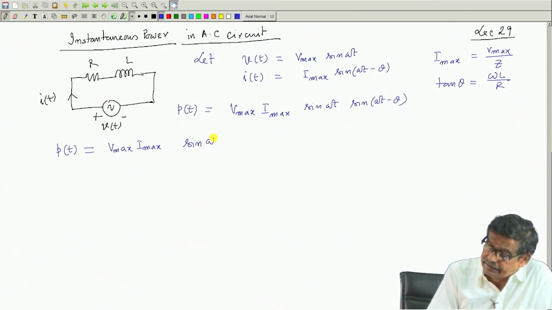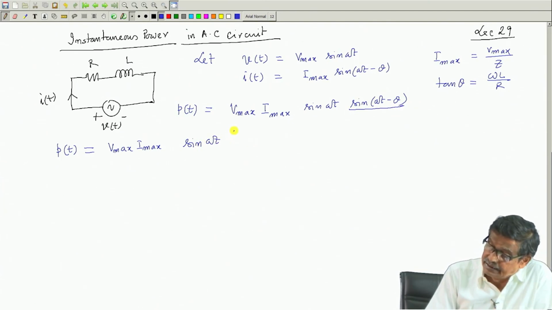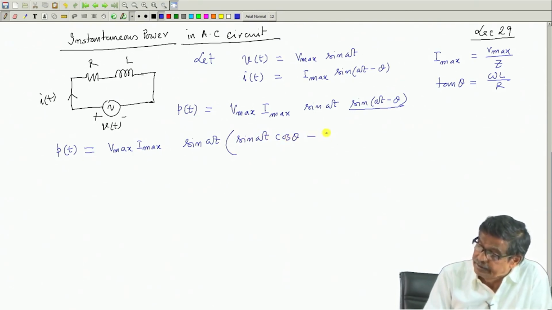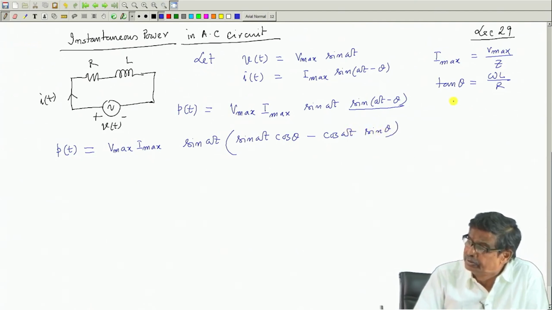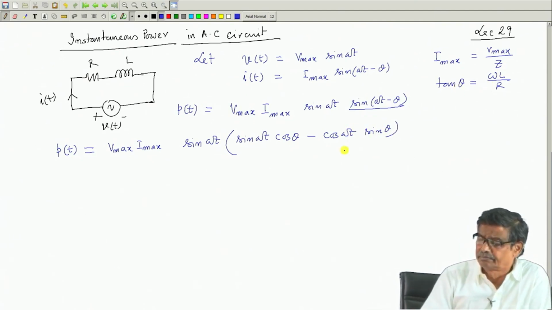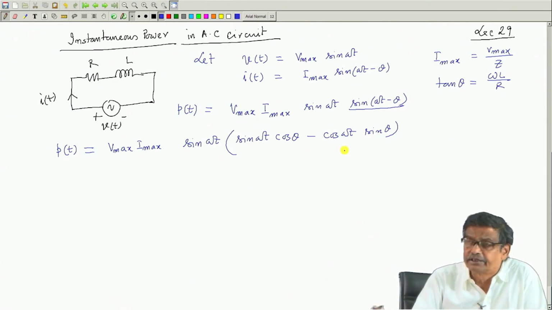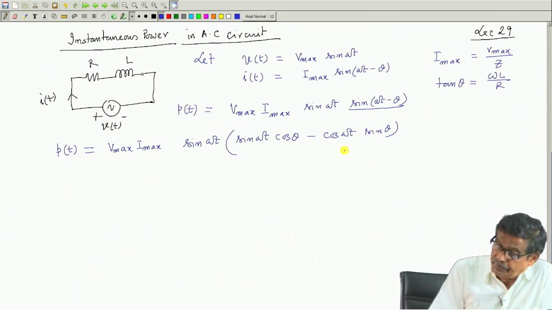I will write sin(omega t minus theta) as sin A cos B minus cos A sin B. Mind you, theta is a fixed angle, omega t is changing with time, and tan theta is fixed for a given circuit, omega L by R. So, this is how you write.